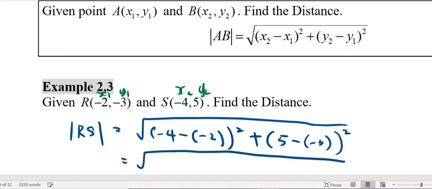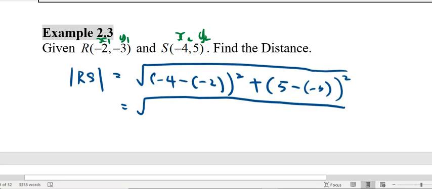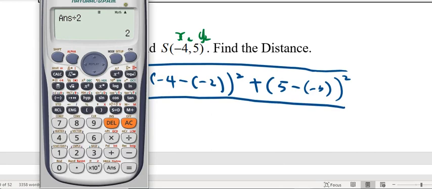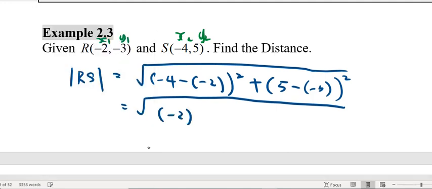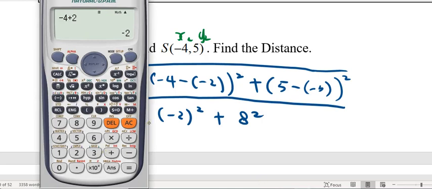So what do you have? You get -4 plus 2, right? You can use your calculator if you can't see. -4 plus 2, so you got -2. Add up with 5 plus 3 is 8. 8 squared. So square root of 4 add up with 64.